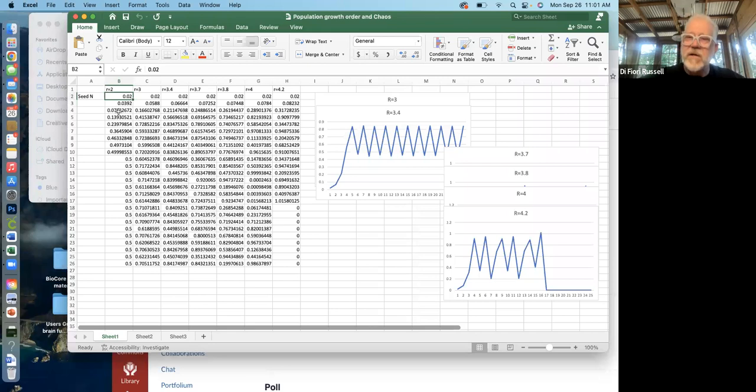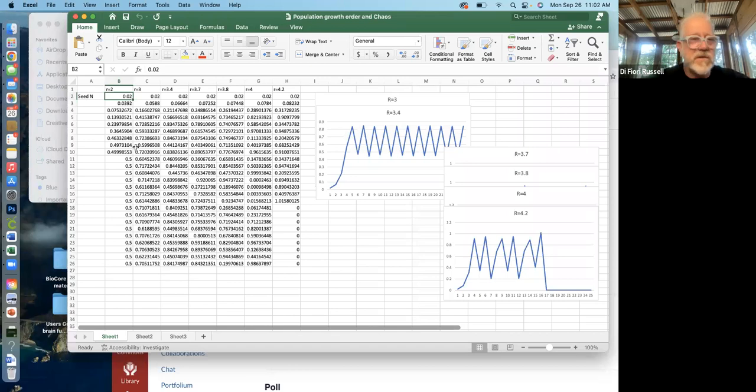Every environment has a carrying capacity based upon a limiting resource. So some resource is limiting, and that tells you how many individuals you can support in that environment. The limiting part is called the carrying capacity, and they often use the letter K to represent that. The carrying capacity is the number of individuals that an environment can support. In our simulation here, that will be 1, right?